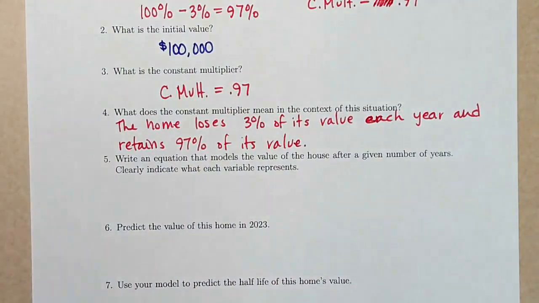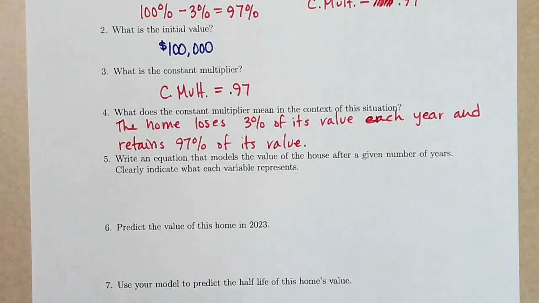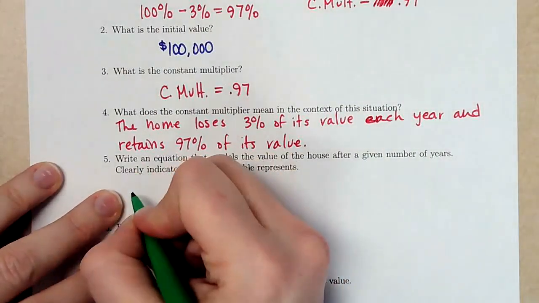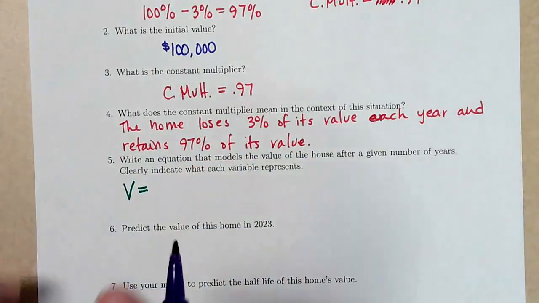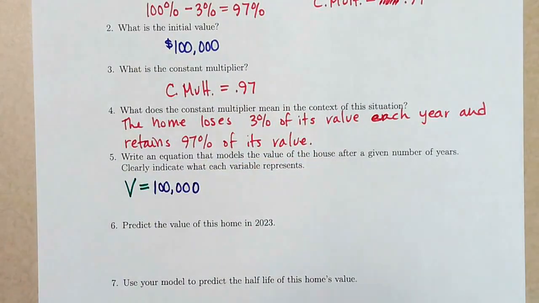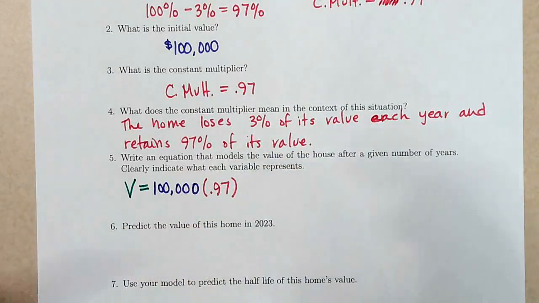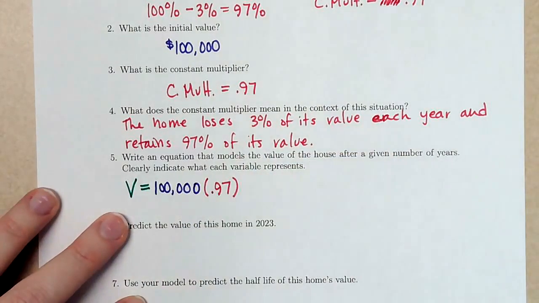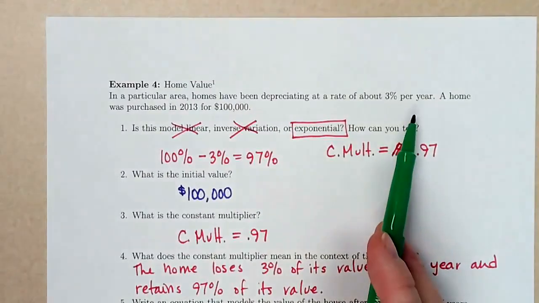Write an equation that models the value of this. Okay. So here's what I see. The value of the home, I'll write V, is equal to the initial 100 grand times the constant multiplier 0.97 to our independent variable, which is years.